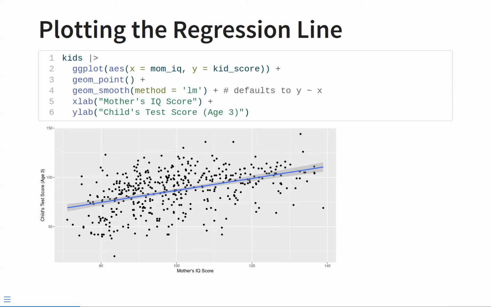So what will happen here is that ggplot will plot the regression line, and geom_smooth after geom_point is showing us both the points and the lines, along with some confidence bands for the regression line. So it's nice, it's easy, and we can see that indeed kid's score and mom's score are positively related, positively associated.